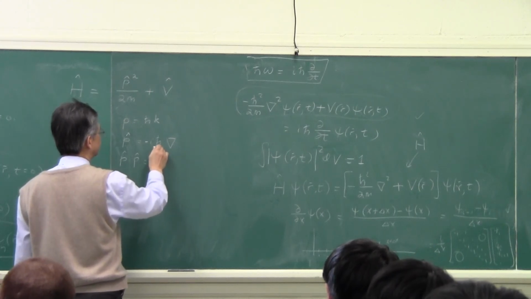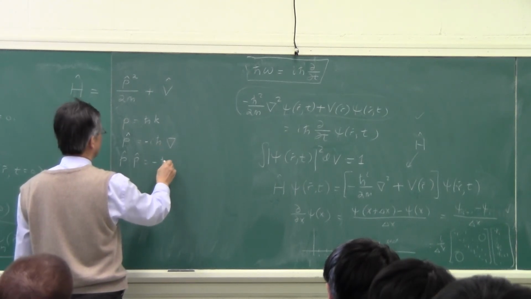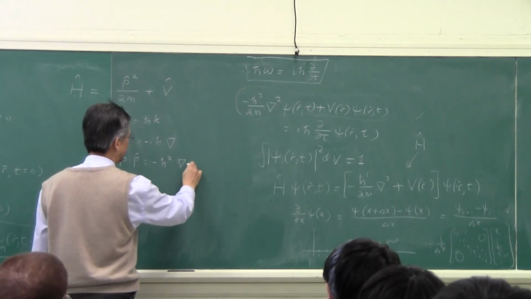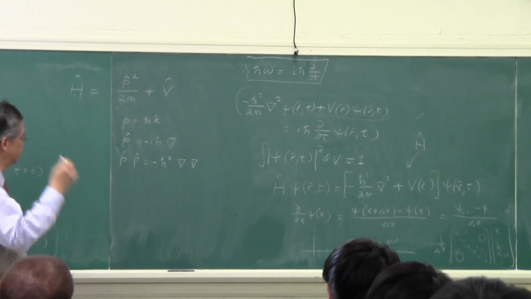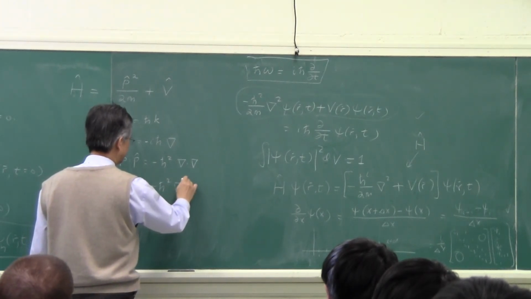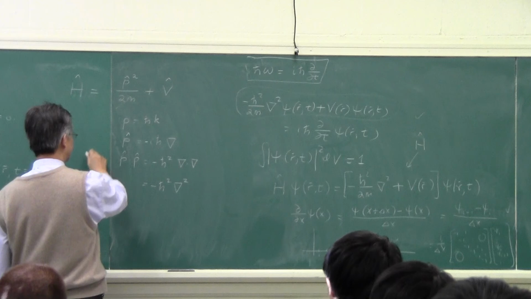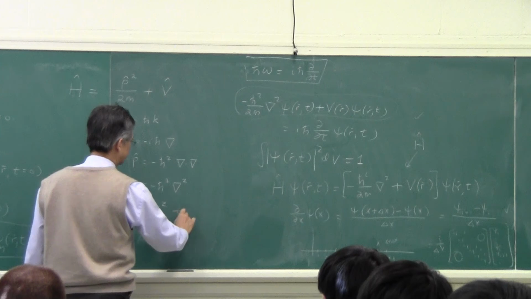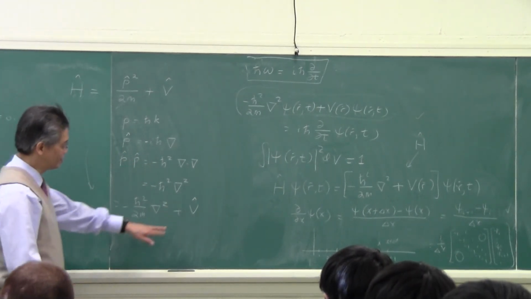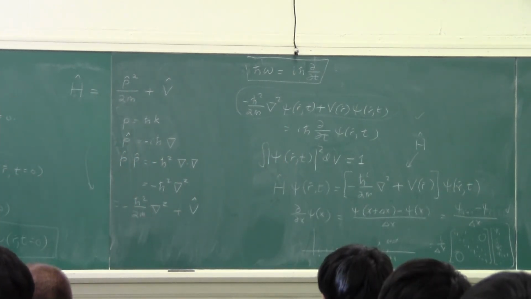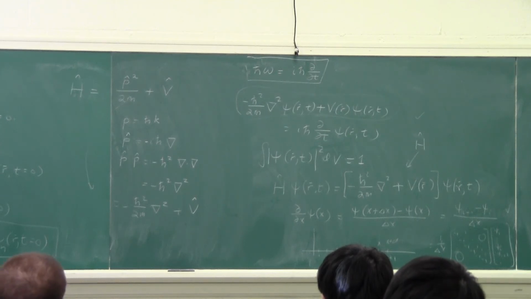Sorry, it should be a square here, and then you will have del dot del. That is what you should get, and hence this is equal to minus h bar squared del squared. So if you write this out explicitly, this is the same as minus h bar squared over 2m del squared plus V hat, where V hat is actually a scalar operator, but we can think of it as a diagonal operator in this kind of notation over here. So we can write the Hamiltonian in a general sense in this manner.